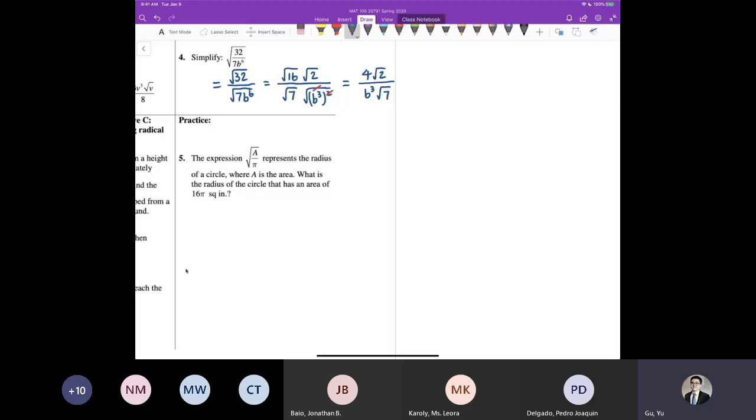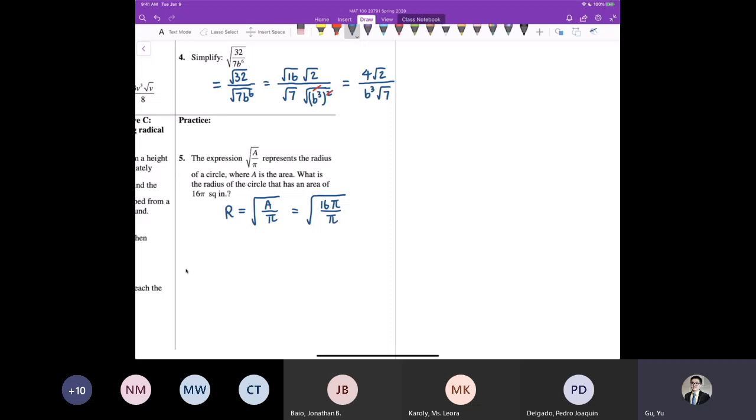So first, let's rewrite the expression as an equation. It says the expression radical a over pi represents the radius, and that means r is radical a over pi. And since they gave you the area, it's 16 pi, so you simply plug it in. Replace a with 16 pi over pi.